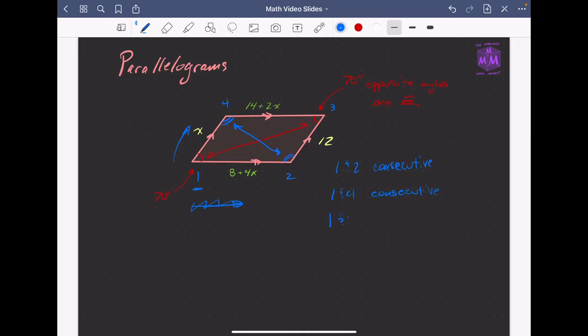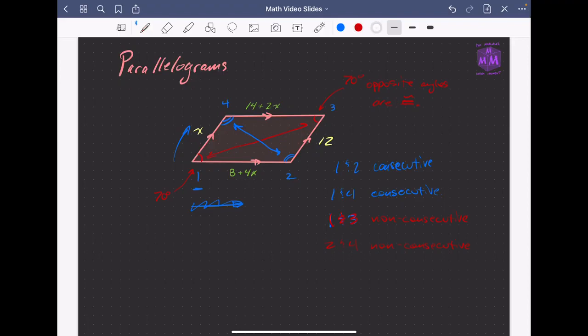But 1 and 3 are non-consecutive, just like 2 and 4 are non-consecutive. Because there are only four, they're actually opposites, and they're opposite each other. We can use that term here, and it makes sense.